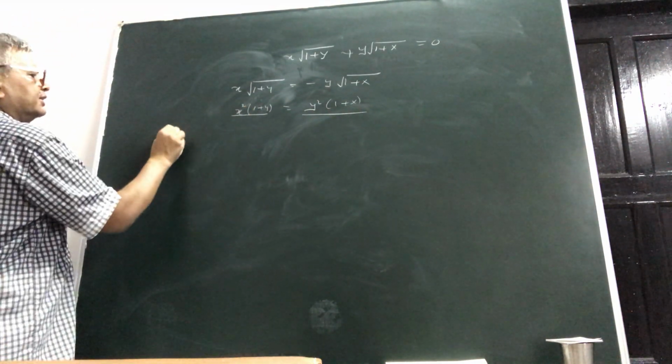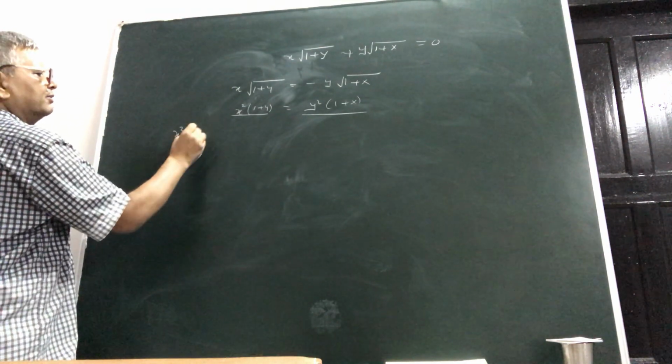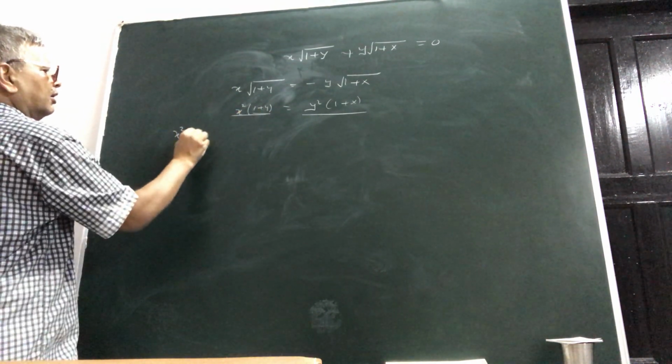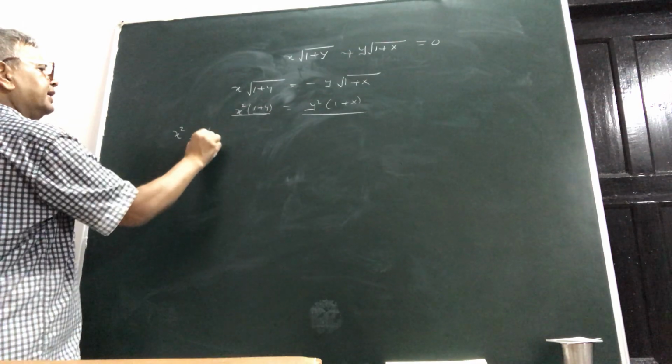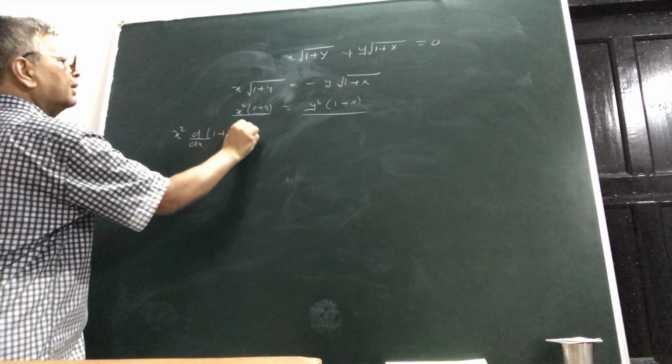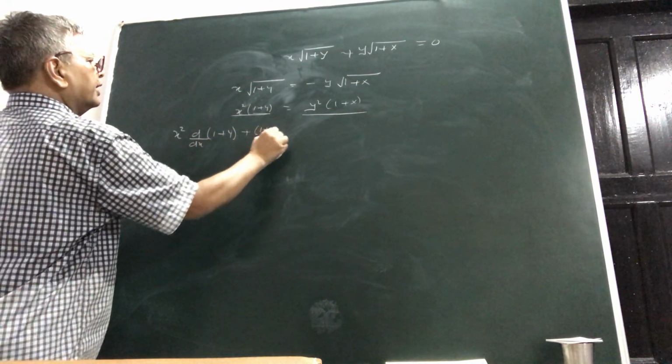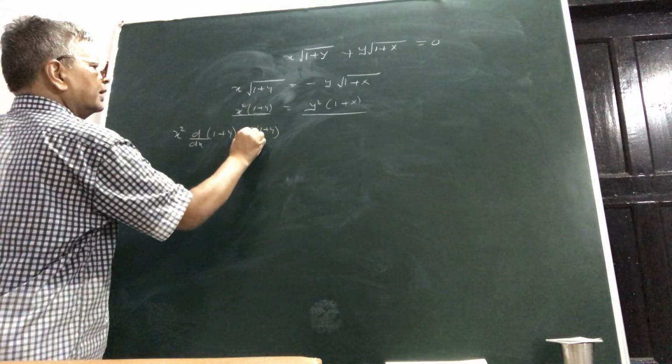So dy by dx of this thing is what? First function into derivative of the second, dy by dx of 1 plus y, plus 1 plus y into derivative of x square, that is 2x.